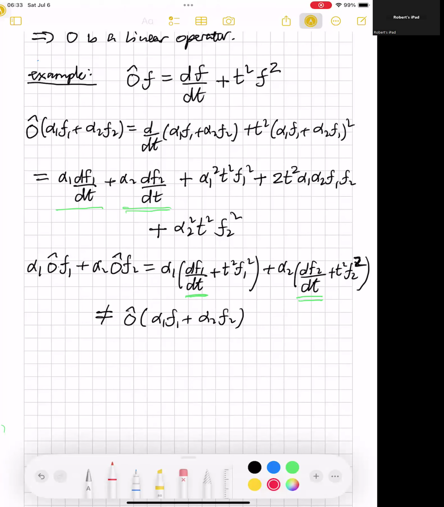But now look at the other terms. Well, look, here's an alpha 1 squared. There's no alpha 1 squared down the bottom here. Here's an alpha 2 squared. There's no alpha 2 squared. And here's an alpha 1 alpha 2. Well, there's no alpha 1 alpha 2. So these terms do not match. And notice something.